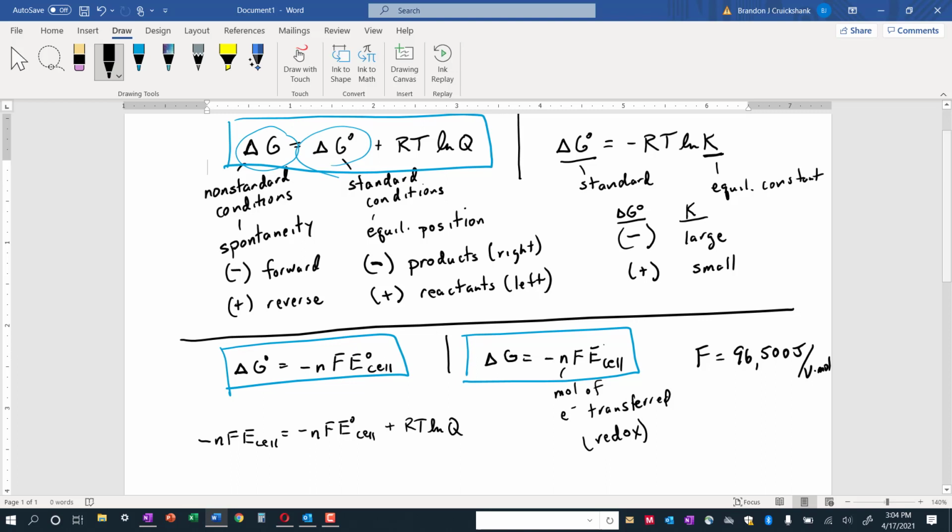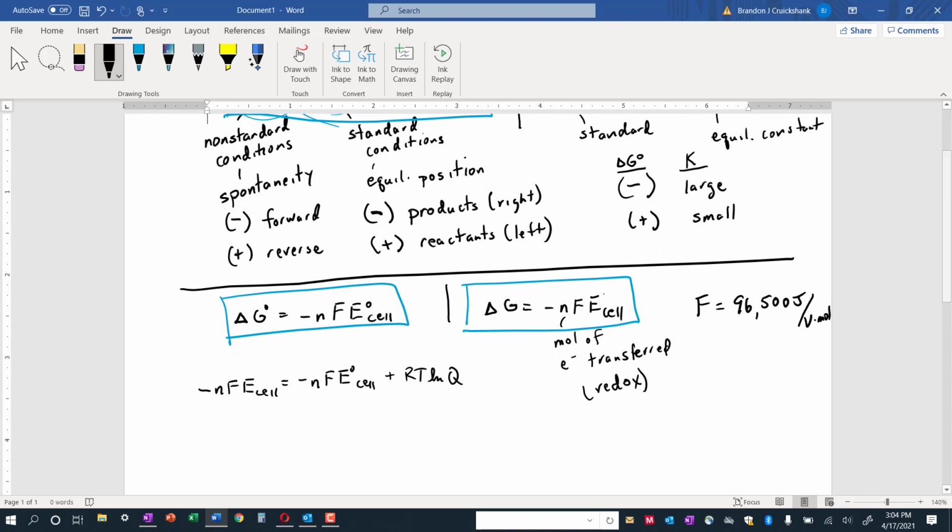All right. That looks pretty cool, but we're not done. Let's divide through by a negative nF.